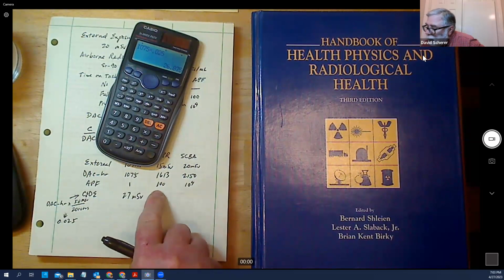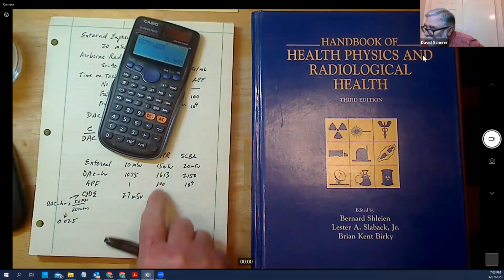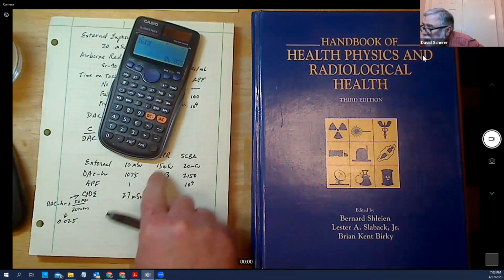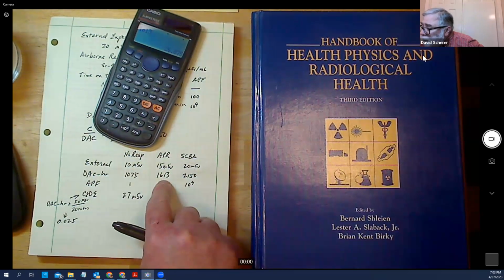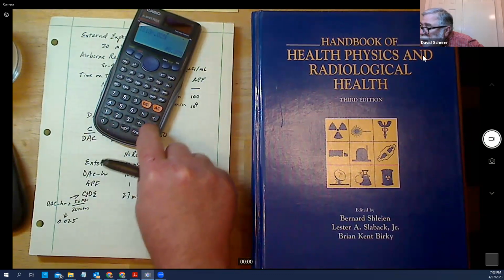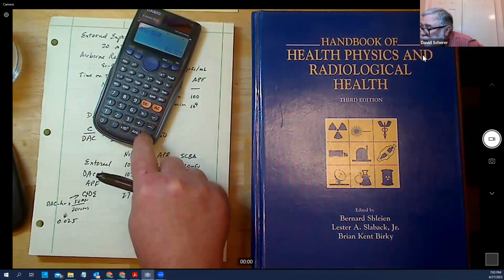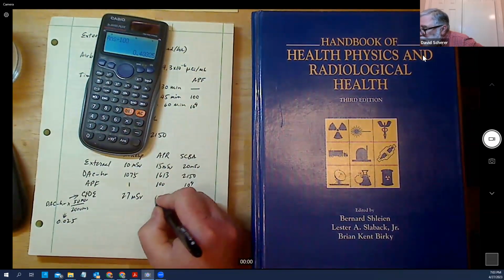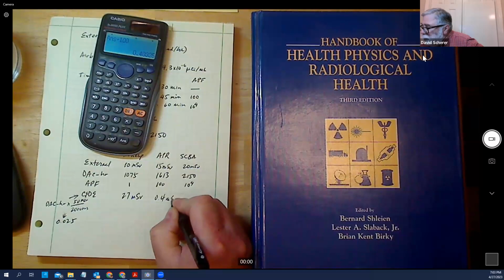Now we have 1613 DAC hours, in the case of the negative pressure respirator, times 0.025. Then I divide it by 100 because that's the assigned protection factor for the respirator, and I get 0.4 millisieverts.